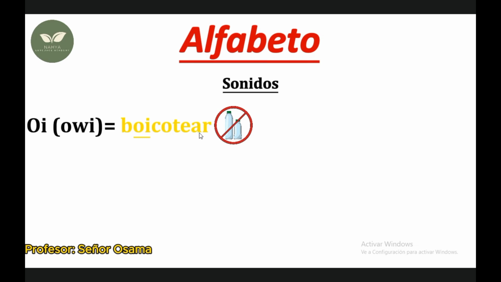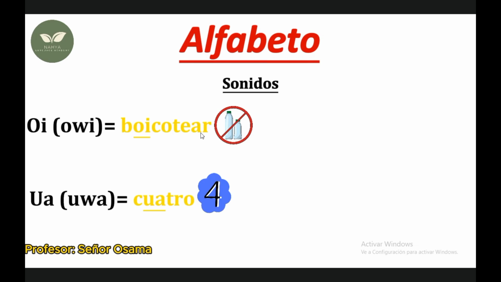So the next one is, here we have ua. Ua, which we can find, sorry, in the word cuatro. Cuatro is number 4. We will have another lesson just for numbers. Okay, cuatro.